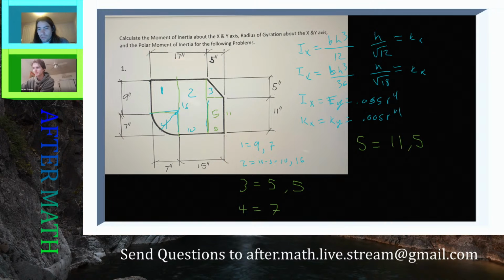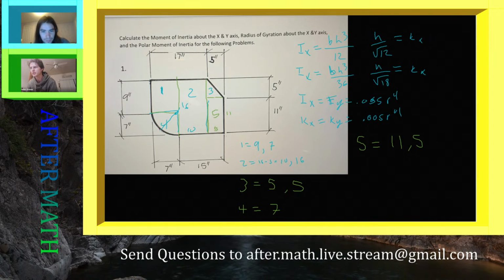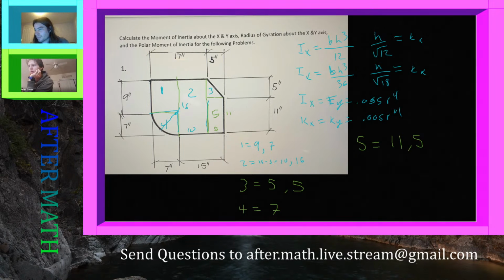Now I'm still trying to figure out what it is we're exactly trying to find. So the moment of inertia about the x and y axis. I guess we would find the moment of inertia for each shape we did, right?